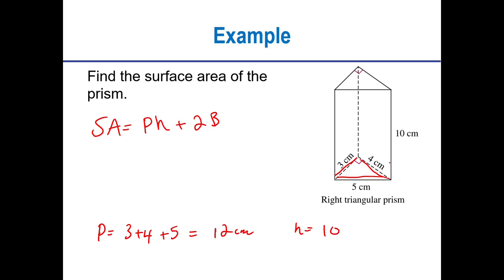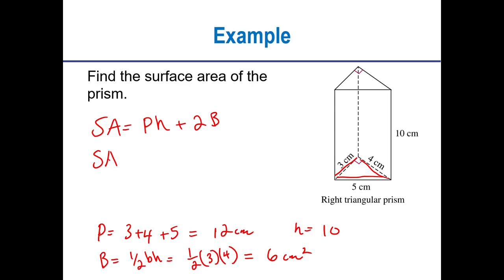And the area of the base is given by the area of a triangle. So we know B is going to be equal to 1/2 base times height. And in this case, we have 1/2. The base is 3, and the height is 4. 1/2 times 3 times 4 gives us 6 centimeters squared. So we know that the base is an area of 6 centimeters squared.